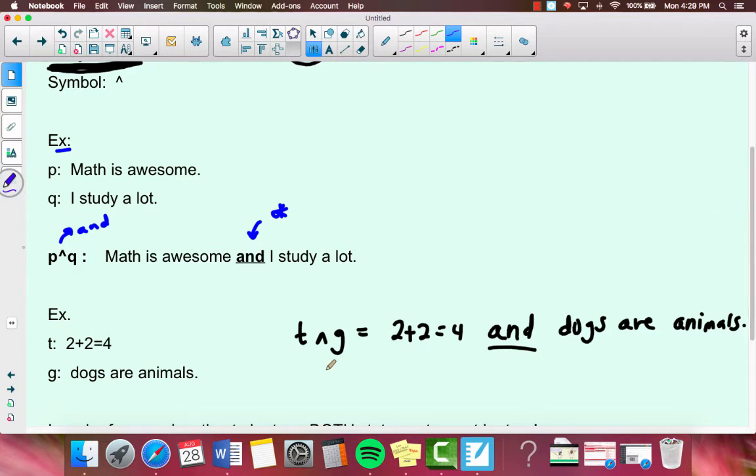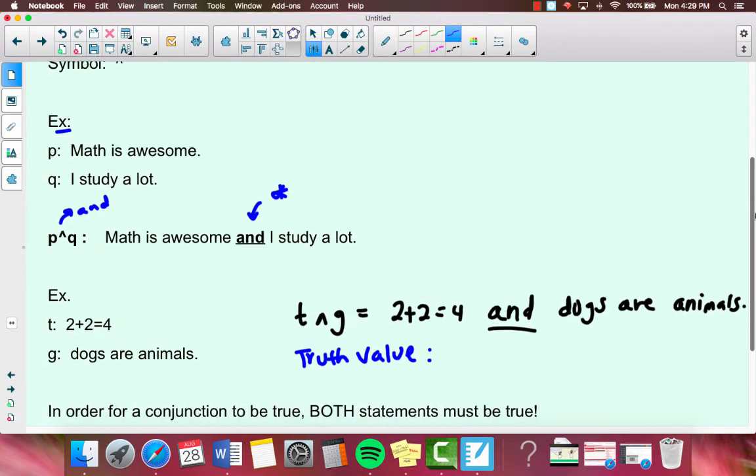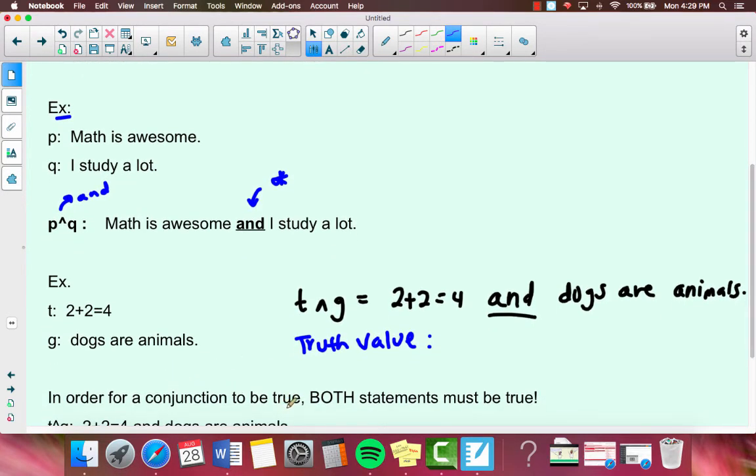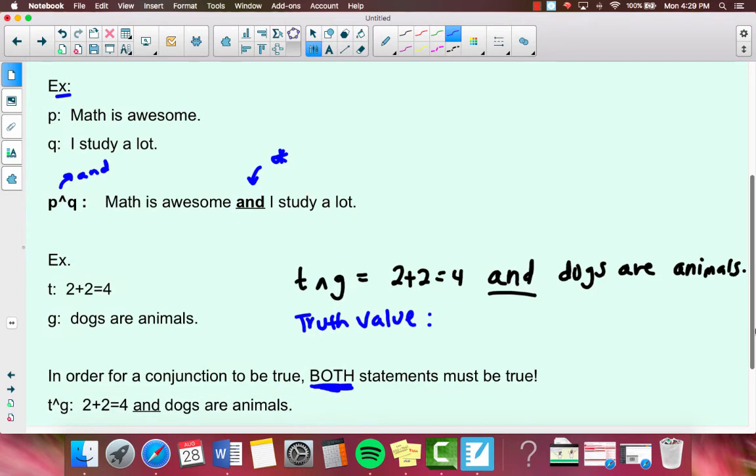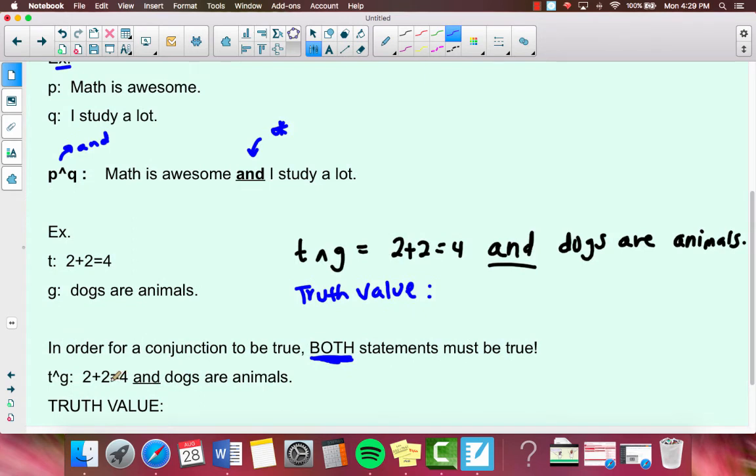So if I ask you what's the truth value, there's a little rule. For a compound statement that's a conjunction, an "and" statement, in order for it to be true, both statements have to be true. If we look at that statement, 2 plus 2 equals 4 and dogs are animals, is the statement 2 plus 2 equals 4 true?